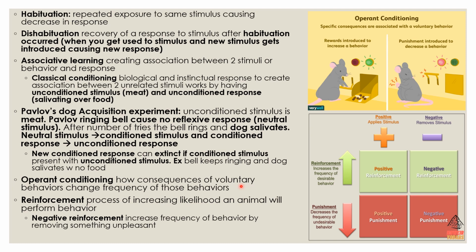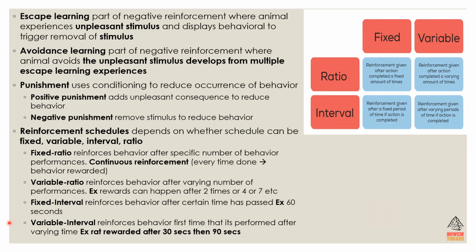And then with negative reinforcement, let's say a dog gets shocked, for instance, and then you remove the shocking collar. That's kind of negative reinforcement. And then we'll discuss punishment, positive and negative, in the next slide.